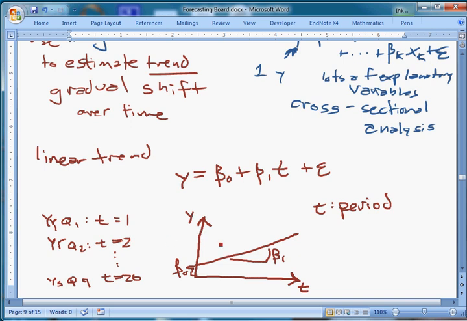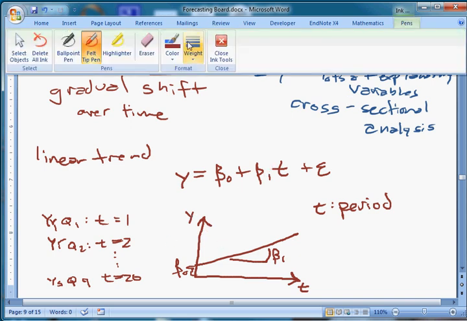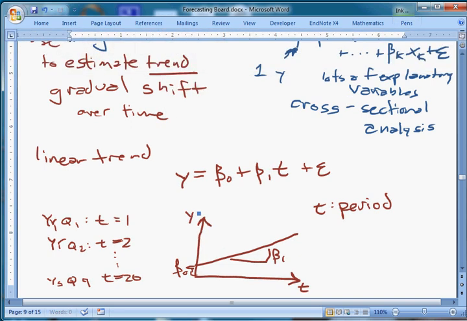So we might have a time series plot that looks like this, and the underlying line is the estimated linear trend. There's some noise going on, clearly. That's why we have this distance here, and this distance here, and a distance throughout. But there's some underlying trend.